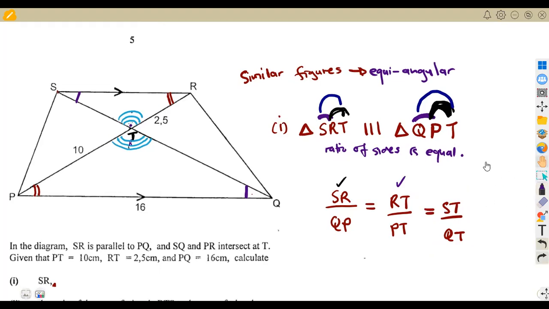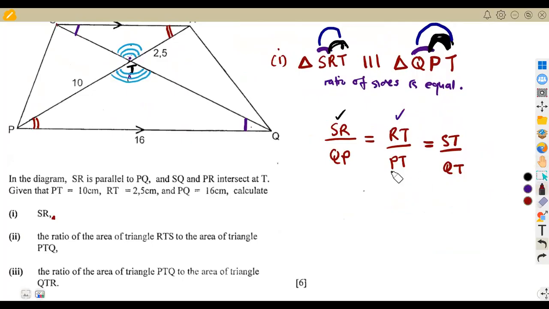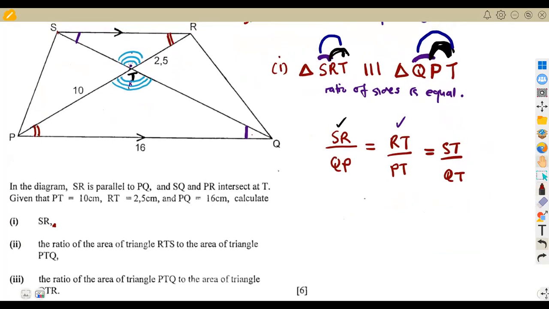So we are going to work with these two ratios where there is SR and the ratio that has got complete values from your diagram. Those are the ratios that you work with. So we are saying SR over QP is going to be equal to RT over PT. Then you substitute your values. SR is the one that you're supposed to calculate.